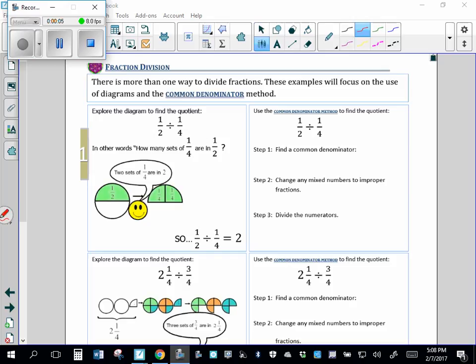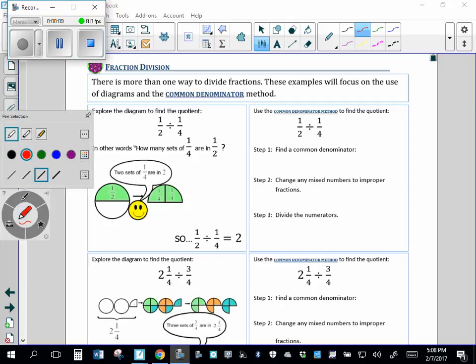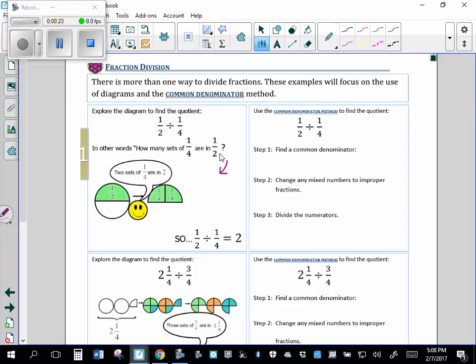Okay, today in class we talked about fraction division and we looked at a lot of diagrams and pictures, and we started with some easy pictures like this one right here, where we were investigating how many fourths were in 1/2.